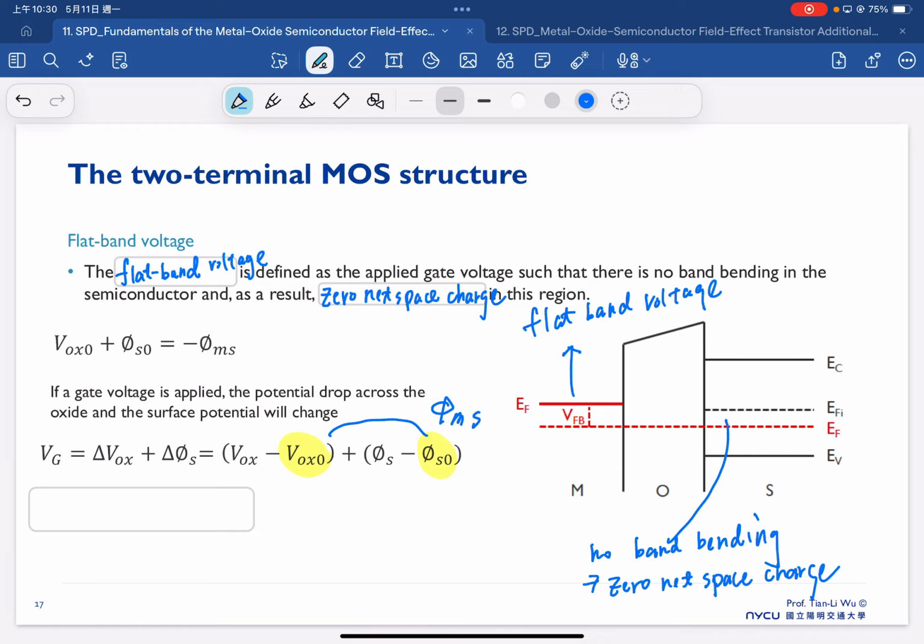So now our VG is equal to VOX plus phi s.